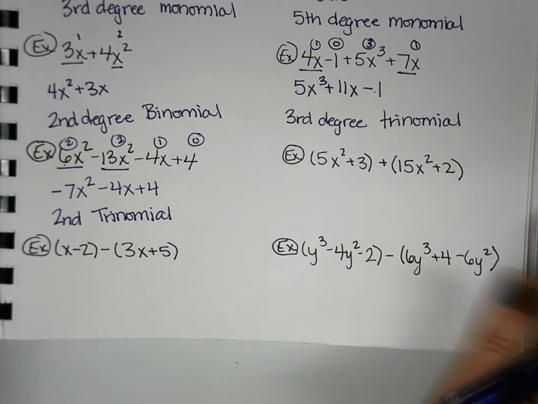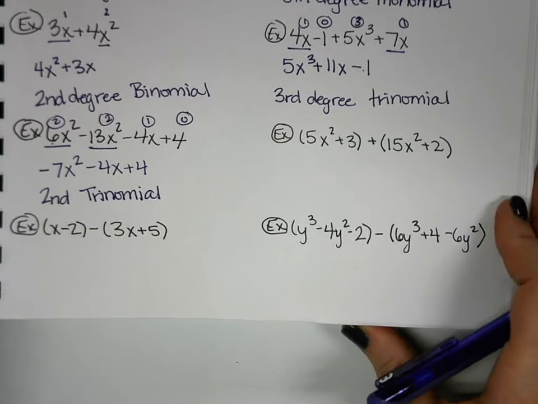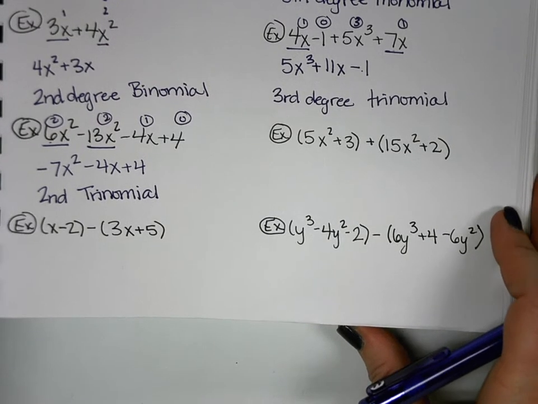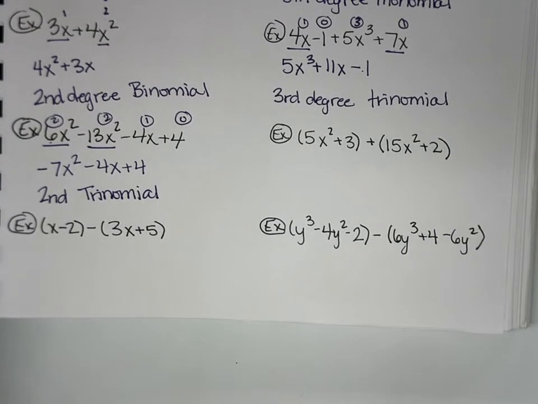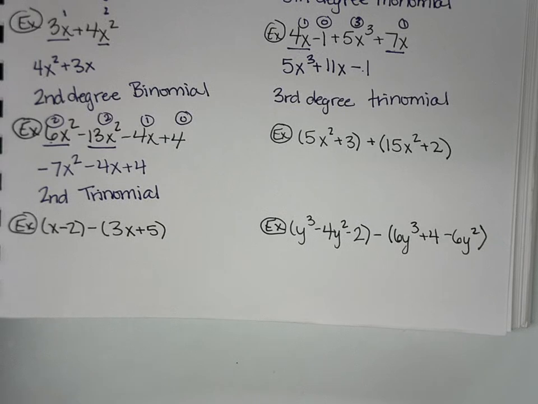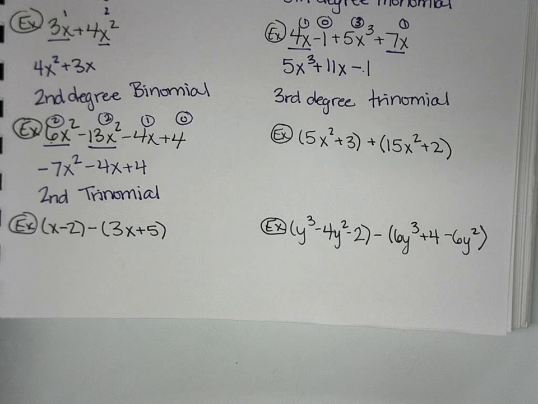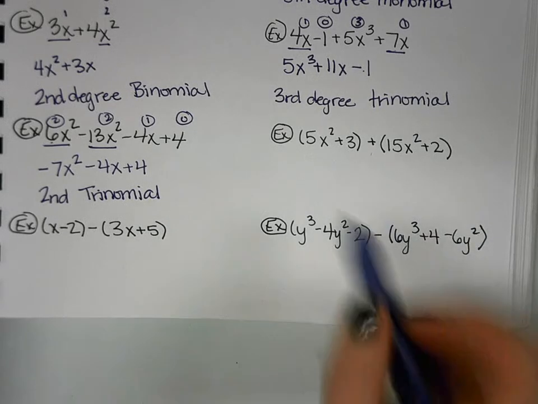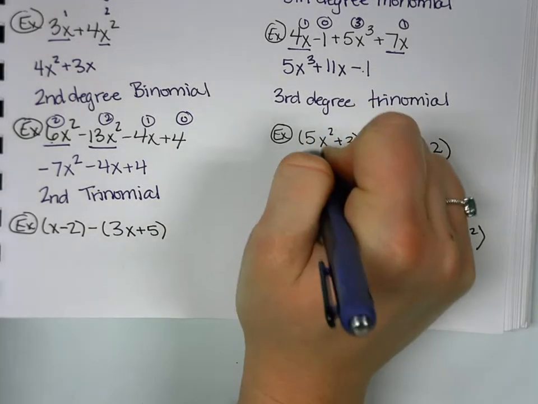Okay, so last 3 here. These last 3 look a little bit different, but we're doing the same thing. So on this next one here, what do we have to do? Because it's addition, we can just drop the parentheses and combine like terms.